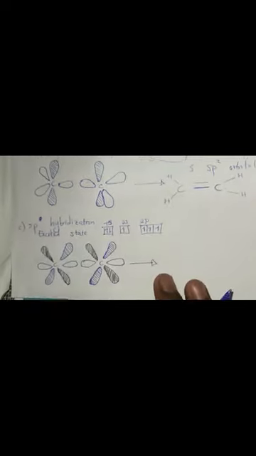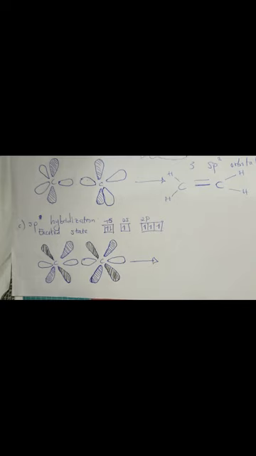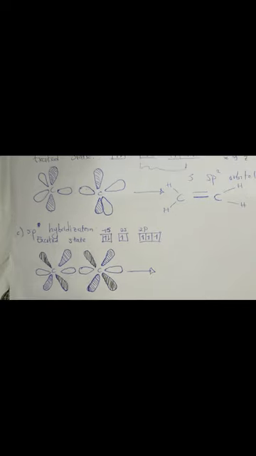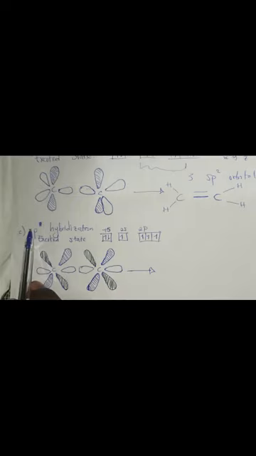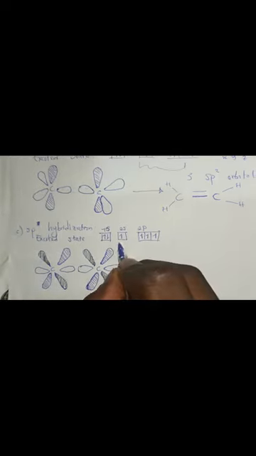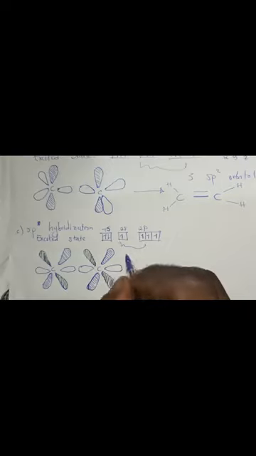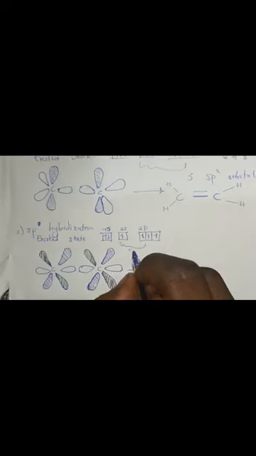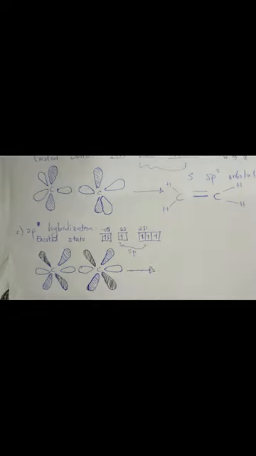Lastly, we look at the sp hybridization. From the name sp, it means we have one s orbital participating and one p orbital participating. So in the excited state, just the 2s and one 2p are going to be used. So these are going to be used to form sp orbitals.